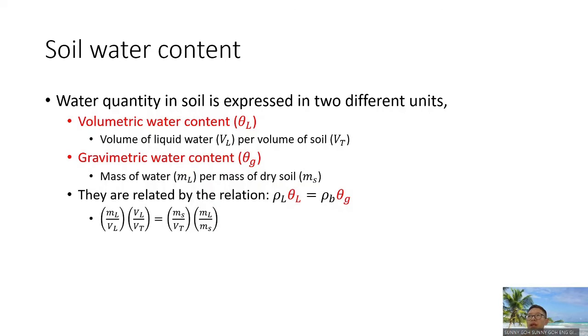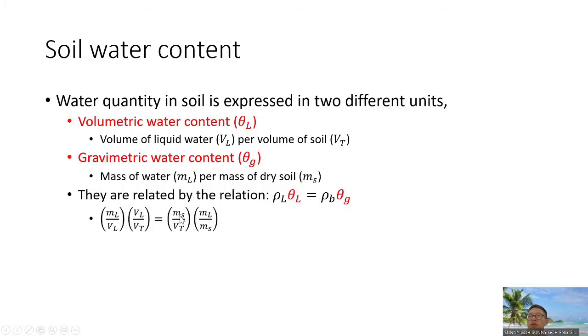They are related by the relation: the density of water, rho_L, multiplied by the volumetric water content, theta_L, equals the bulk density, rho_B, multiplied by the gravimetric water content, theta_G. So you can see that the density of water is the mass of liquid over the volume of liquid, and theta_L, the volumetric water content, is given by V_L, volume of liquid, over volume of soil.